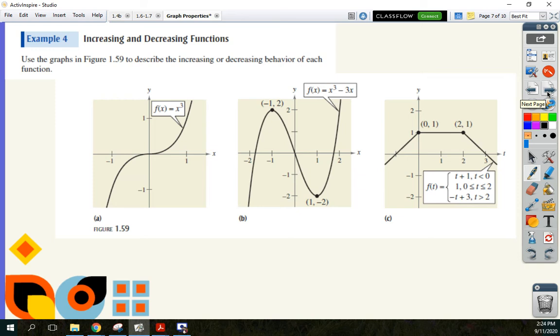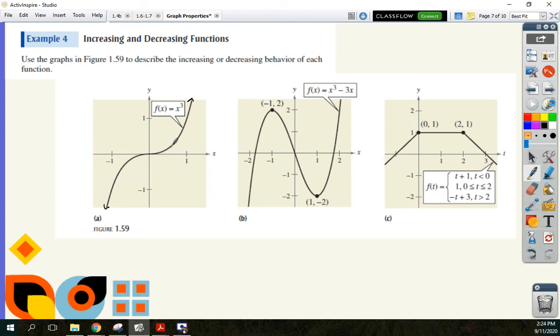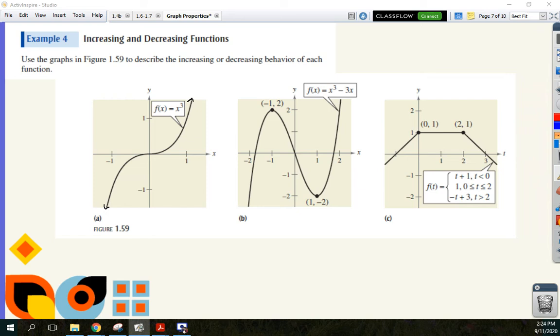So here, I'm looking at the function x cubed. Now it looks like my function is going up for the most part. The problem that we run into is there in the middle. It's kind of hard to tell what's happening.